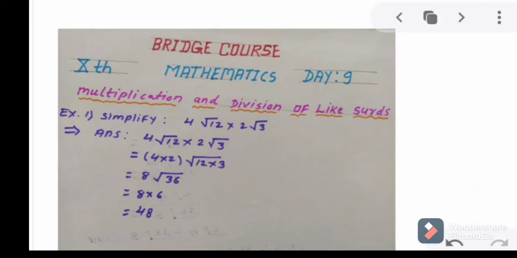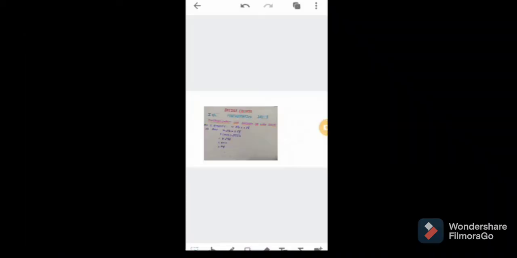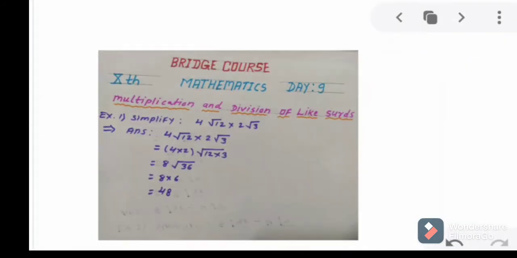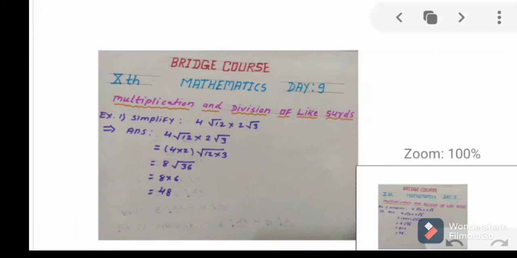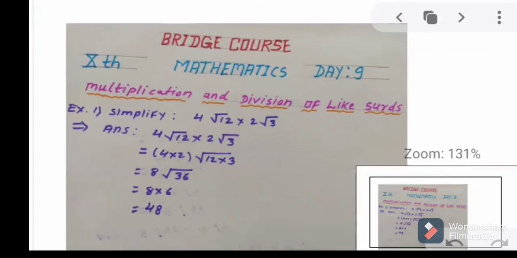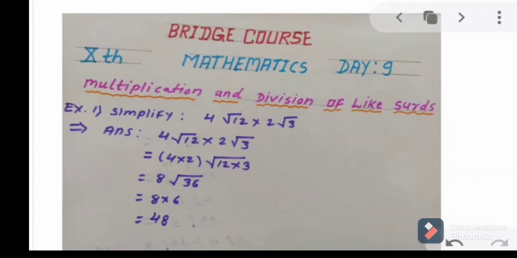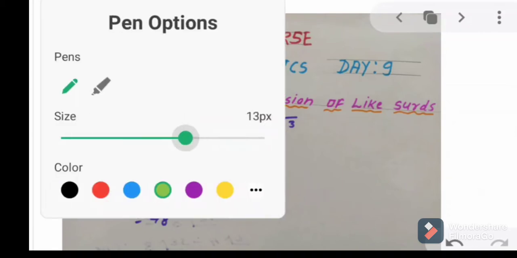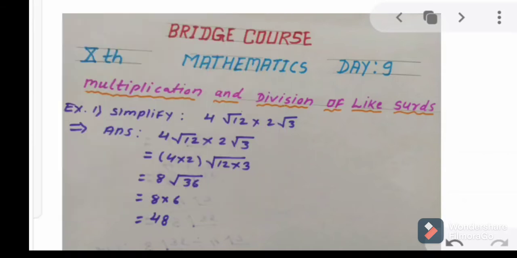So in this bridge course, the syllabus of ninth is given for the revision, and that is the most important for the base of the 10th. In this day 9, the topic is given, that is the surds, multiplication and division of the like surds.